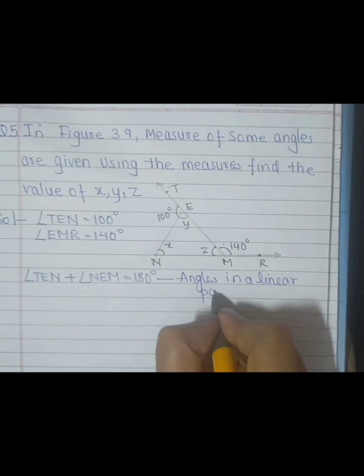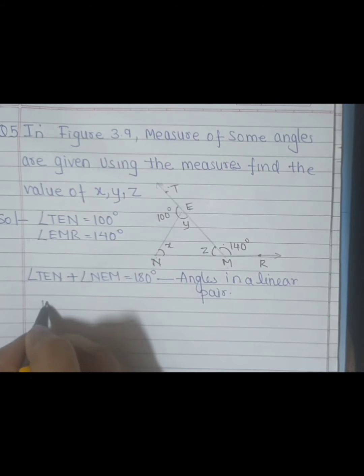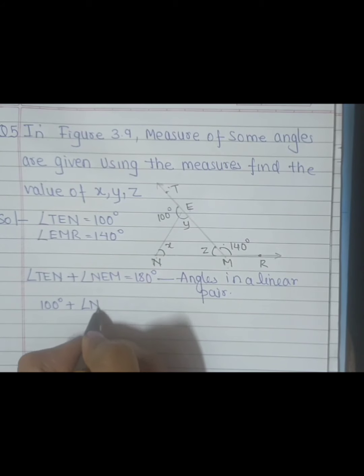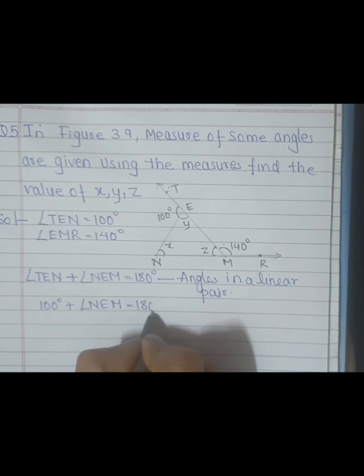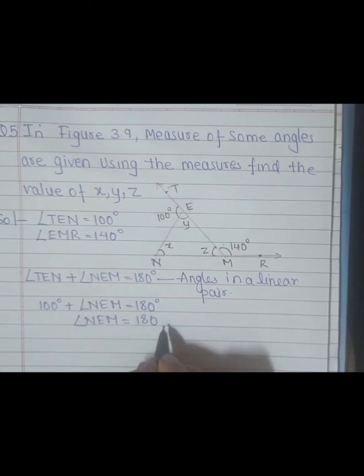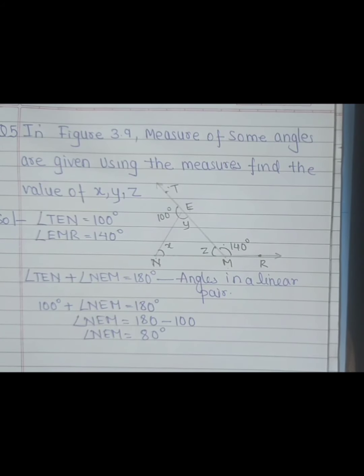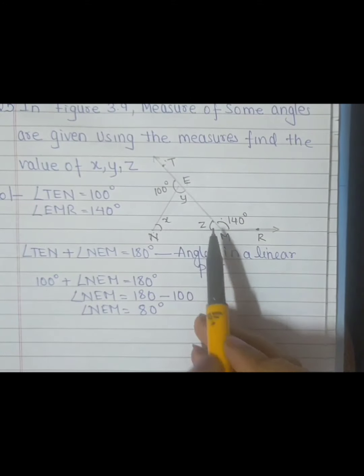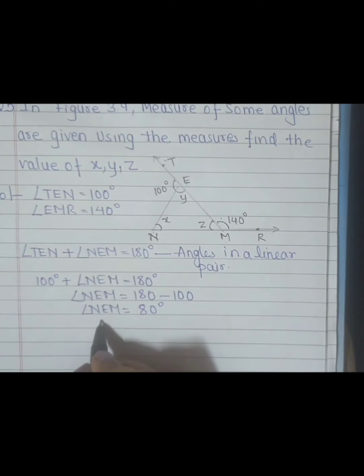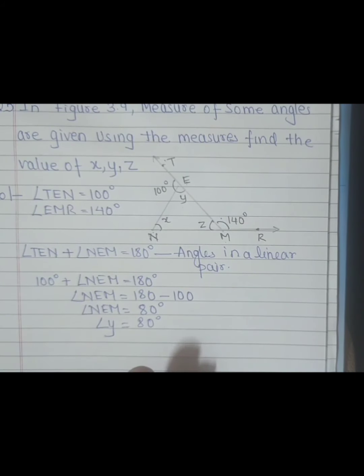So TEN is given 100 degree, plus angle NEM equal to 180 degree. Now angle NEM equal to 180 minus 100, so NEM equals 80 degree. So angle NEM means y, the value we got: angle y is equal to 80 degree. I hope you understood.